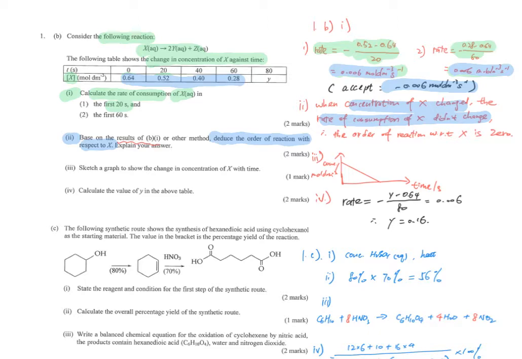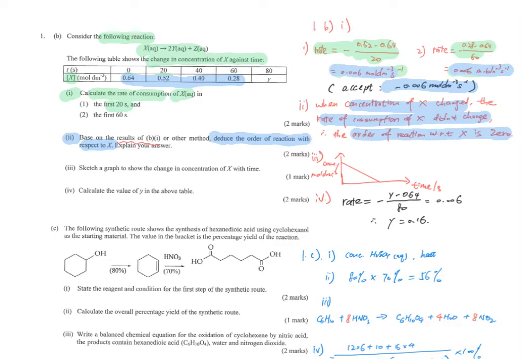That means no matter how you change the concentration, the rate is not affected. That means the rate is independent of the concentration, right? So if independent, then we say that the order of reaction is zero order.